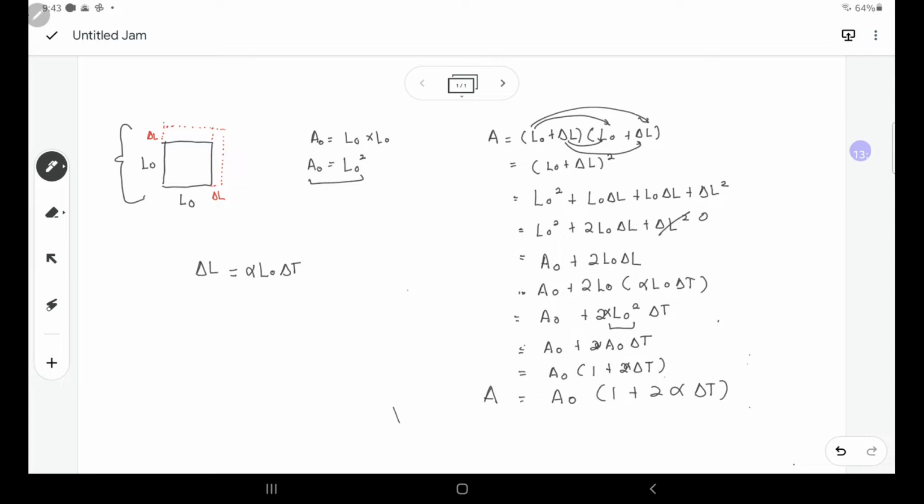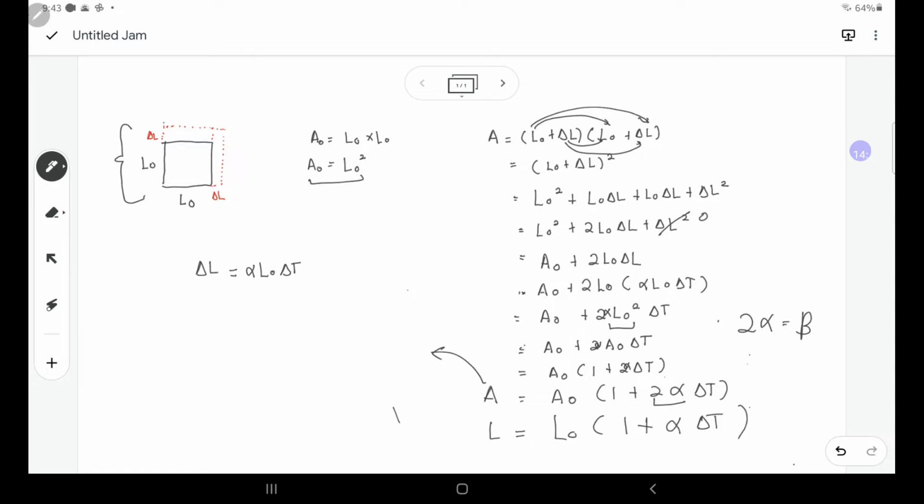Okay. For length, previously L is equal to L naught times 1 plus alpha delta T. So you can take this one, 2 alpha is equal to beta.